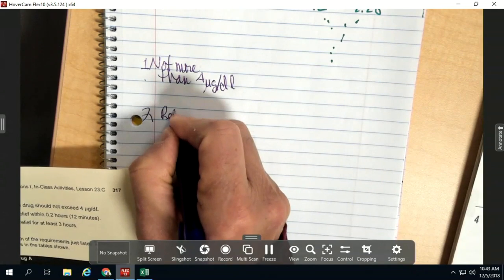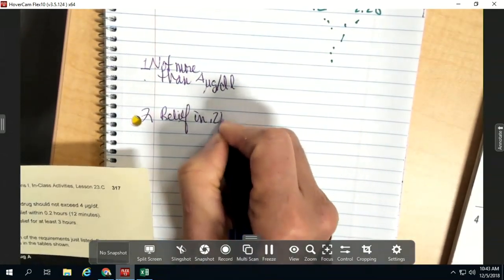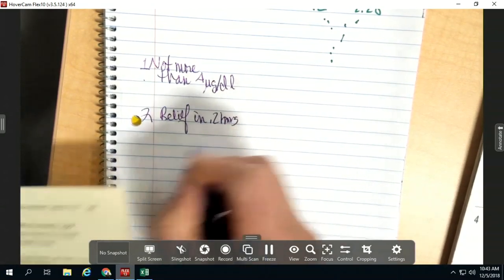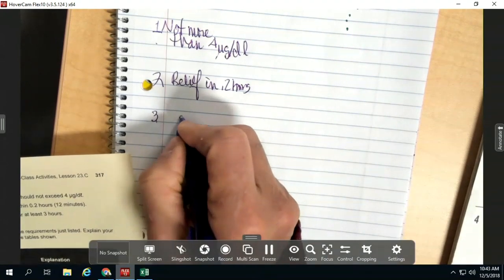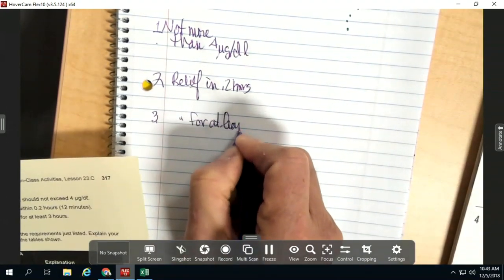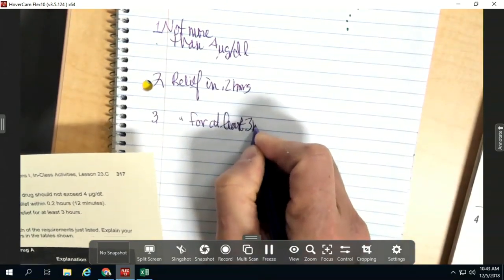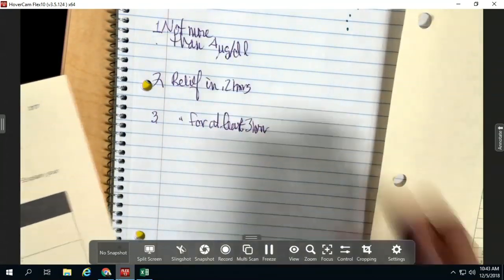Relief in 0.2 hours. And then 3, relief for at least 3 hours. So you're going to use the table to answer those questions for drug B.